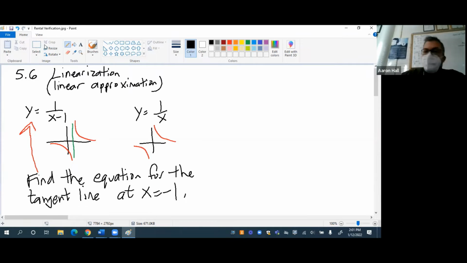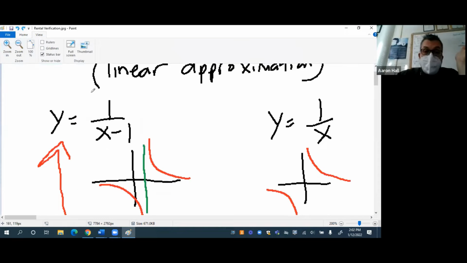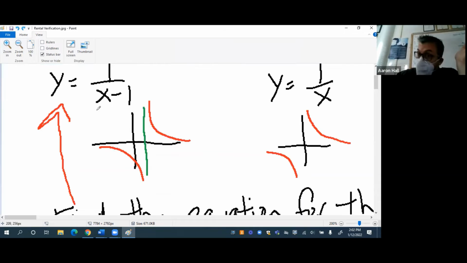What is a tangent line? Yeah, it goes through 1 point on a curve. A more technical definition would be it goes through 2 points that are infinitely close to each other. That rules out this being a tangent line if I have something like that. A tangent line would be the instantaneous rate of change at any point for x.